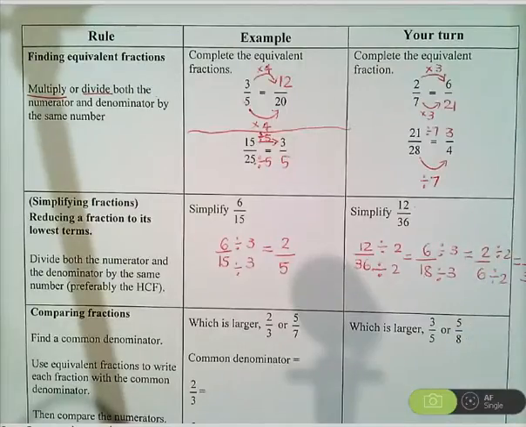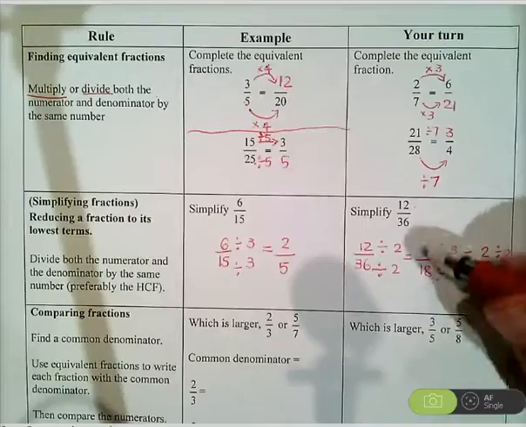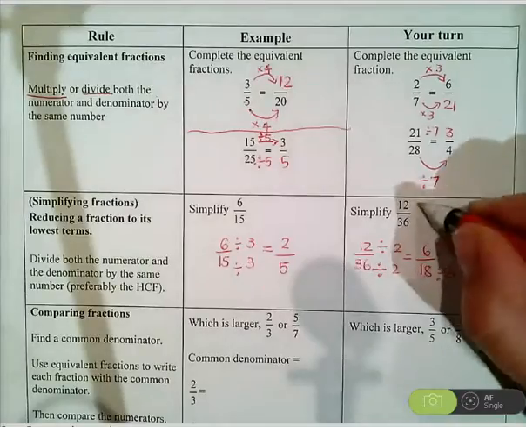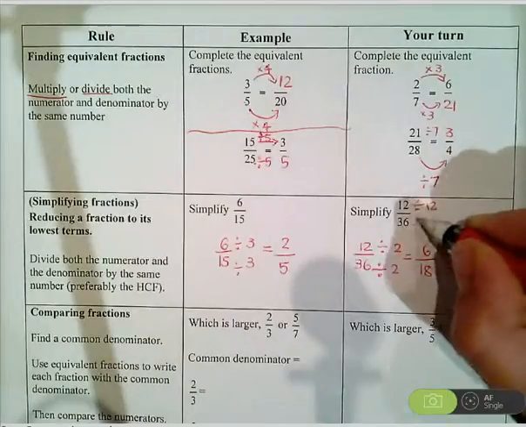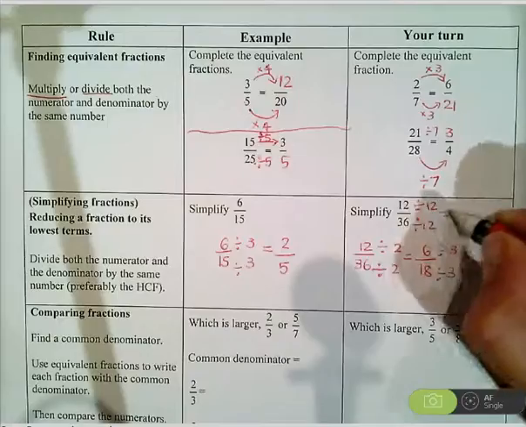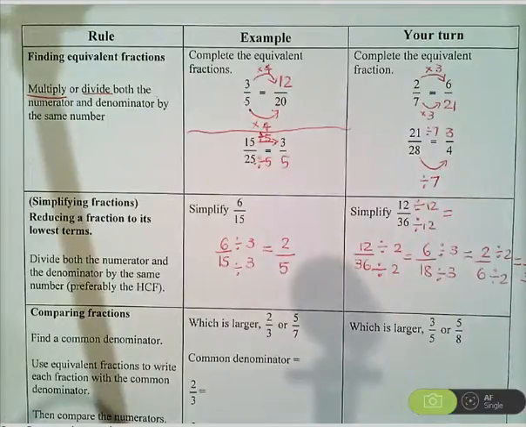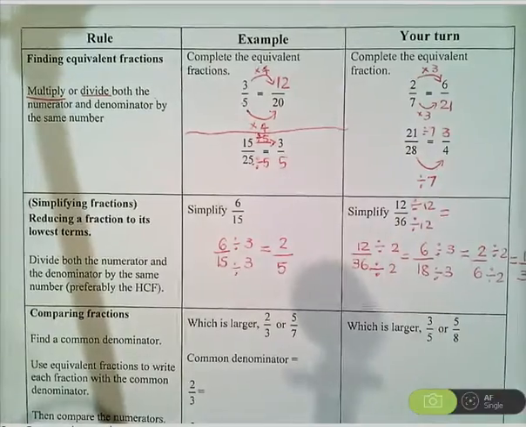Obviously, that was the long way to do this question. At this stage, we probably could have divided by 6. The other thing is, when we first look at the question, we could have just divided both the numerator and the denominator by 12. That really would be the quickest way to do this question.